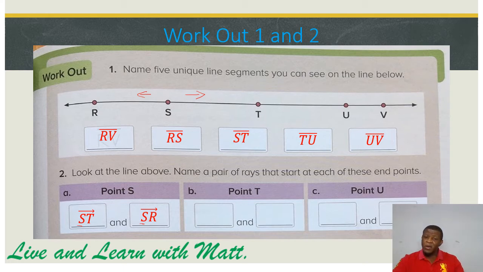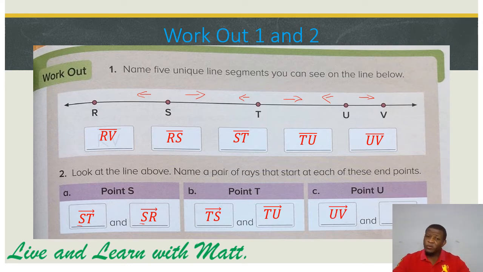Now let's take a look at point T. From point T we have one to the right and one to the left. So we have ray TS and ray TU. Also at point U, so to the right and also to the left.